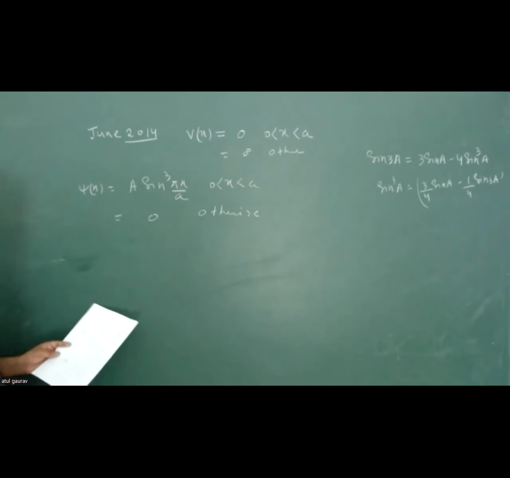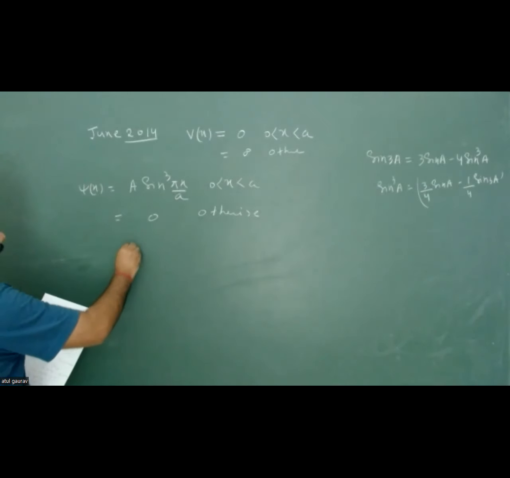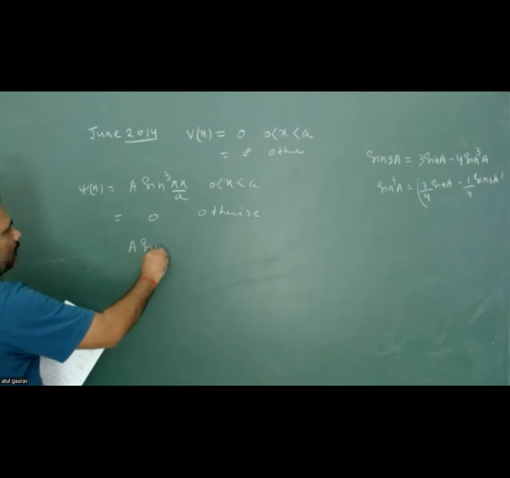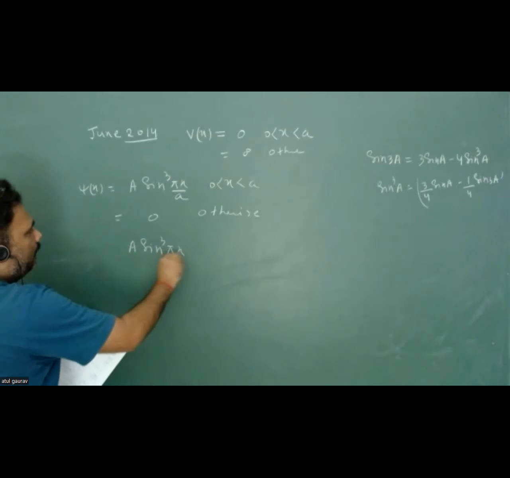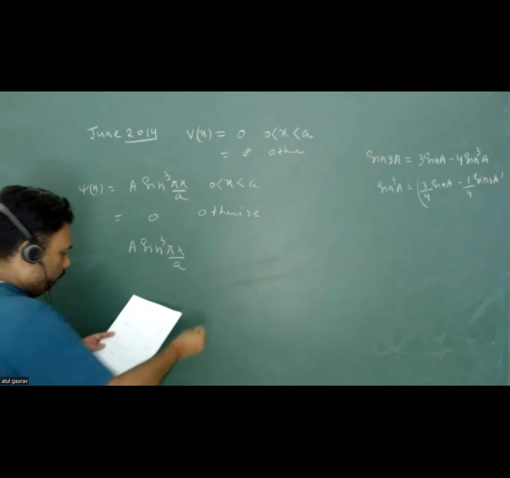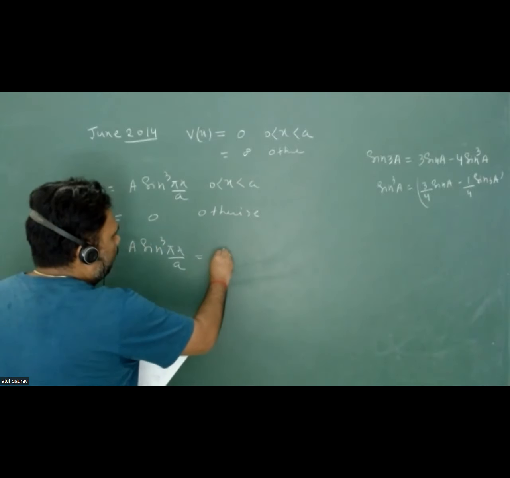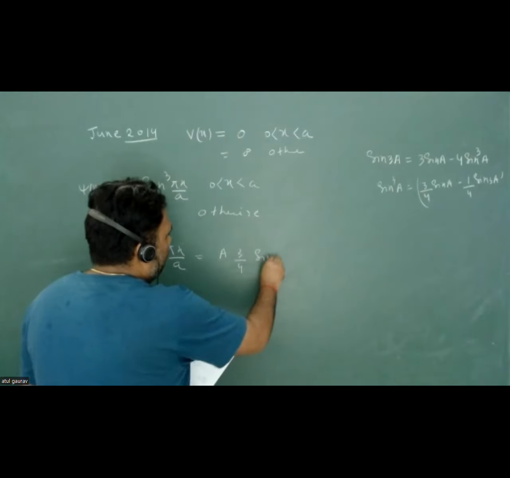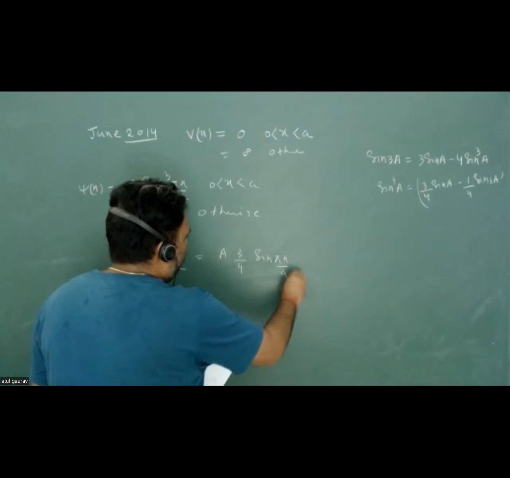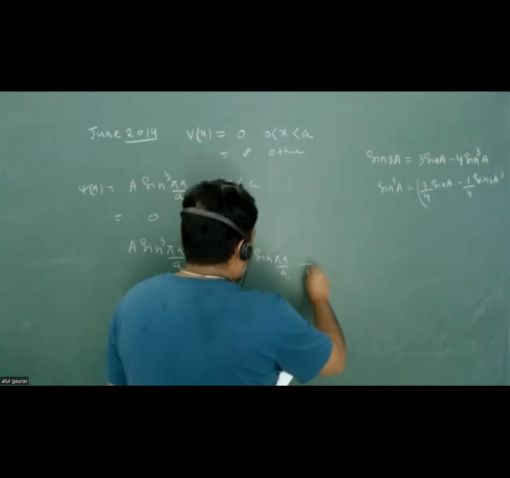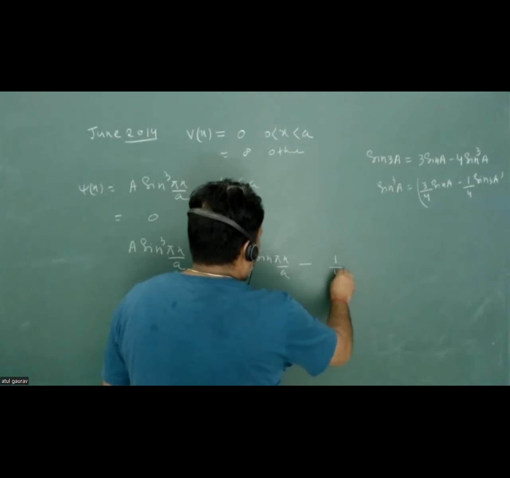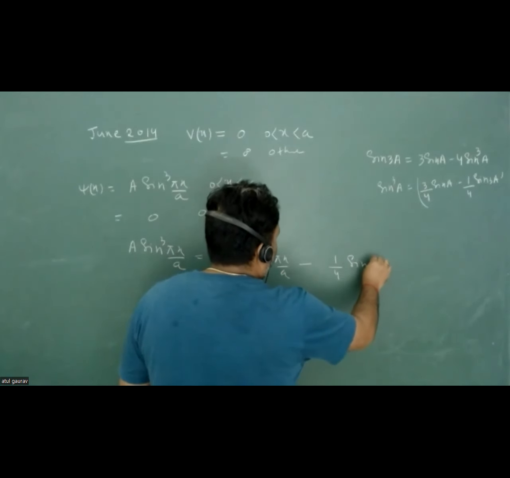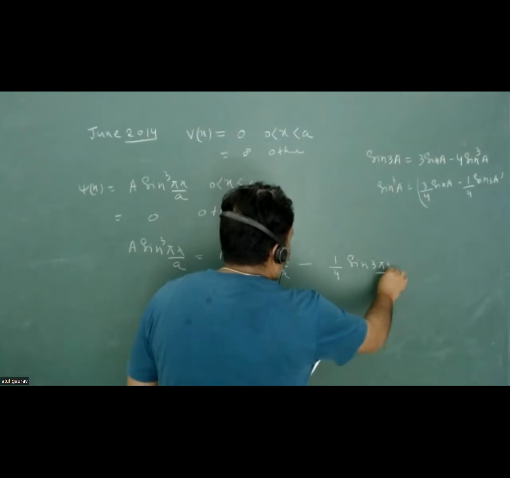So you can easily write sine cube pi x by a must be equal to 3 upon 4 sine pi x upon a minus 1 upon 4 sine 3 pi x upon a.